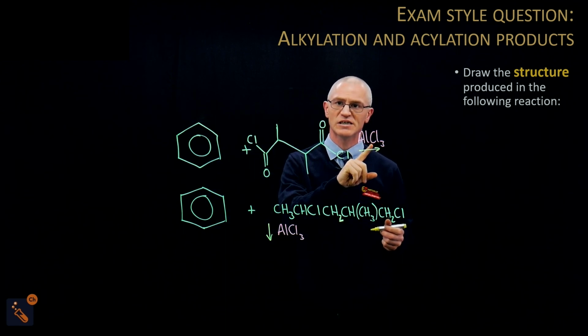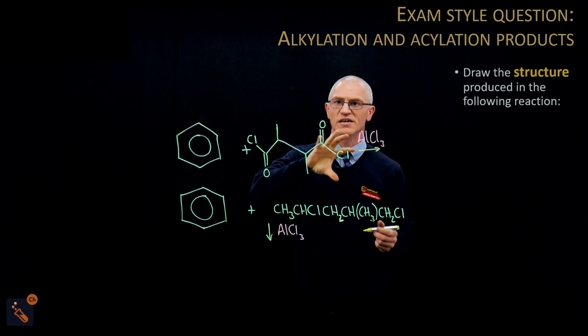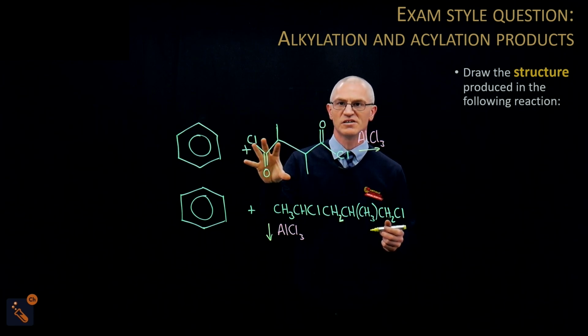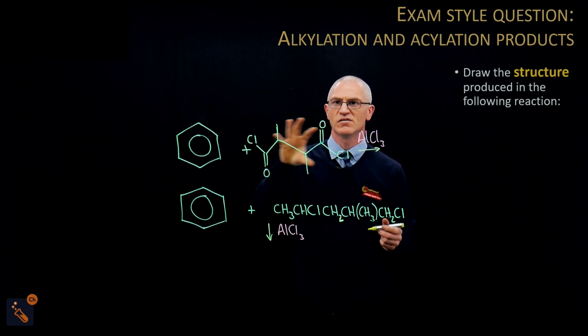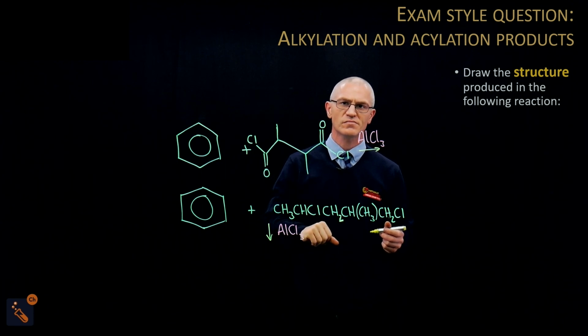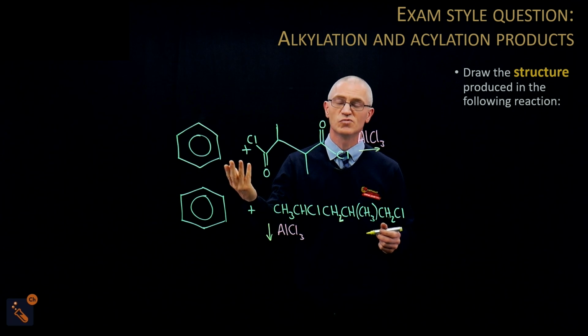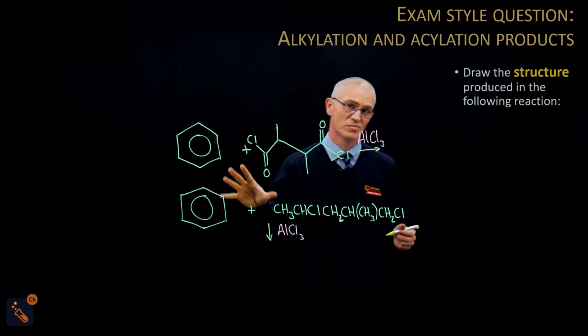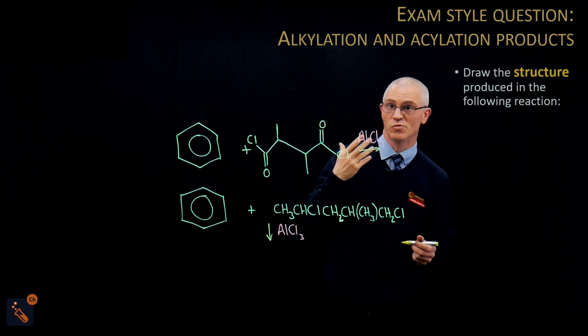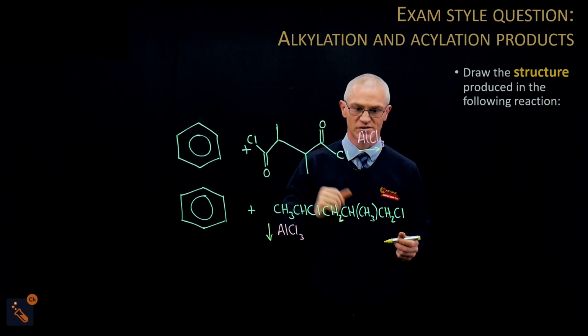We think it's got AlCl3 in it. It's got an acyl chloride on this side here. Acyl chloride, AlCl3. We think it's Friedel-Crafts acylation. Now this is more complicated, and we've deliberately gone more complicated. Remember, we're pushing you up to A star kind of level.